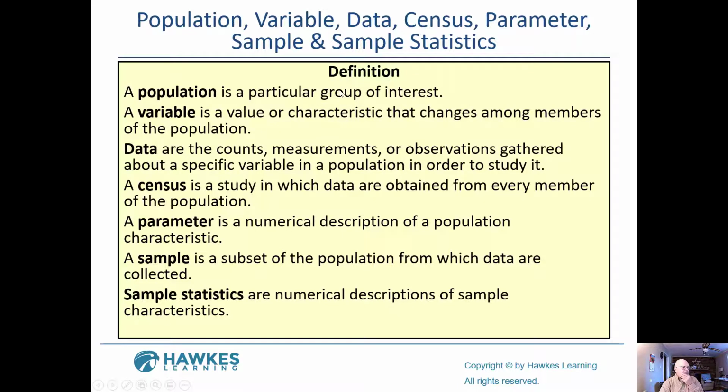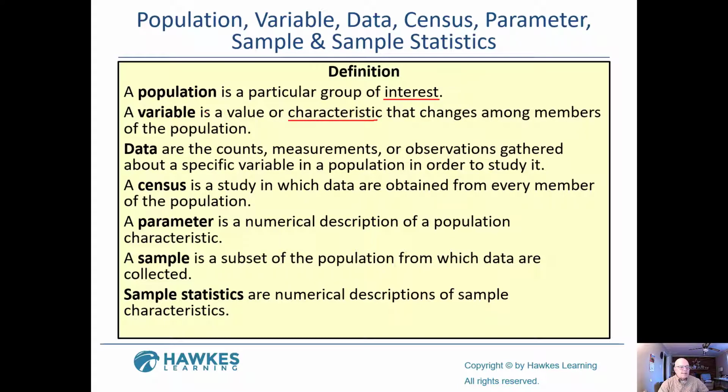So we looked at this before, population, that's what you're interested in. So keep in mind the interest here, and what I'm going to do is I'm going to pick up the pen here so I can make some marks occasionally. So population, that's the group. This is what you're really interested in. What are you interested in about that group? You're interested in some characteristic, and that's called a variable.